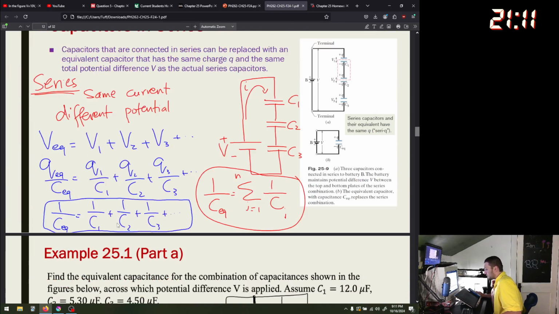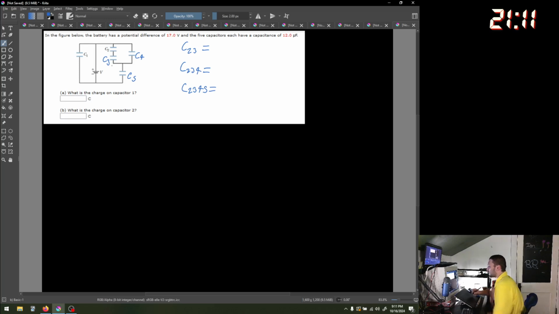This is going to be 1 over C inverse. So C23 is going to be, let's see, each of these has a capacitance of 12. 1 over 12 plus 1 over 12, inverse. That's going to be the C equivalent of 2, 3.